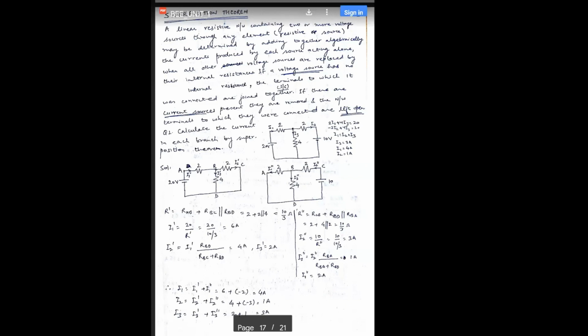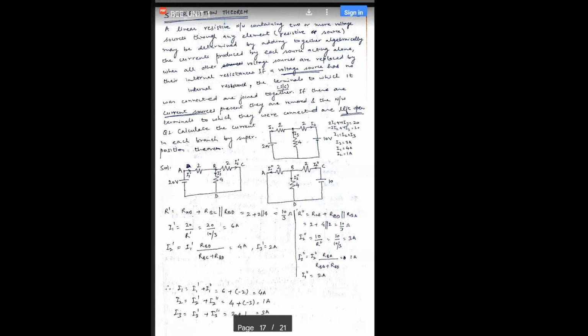Okay, so in simple language, you can say that this is applicable to the circuits in which there are two or more voltage sources, or you can say energy sources.